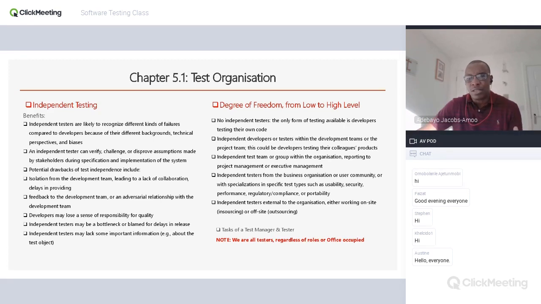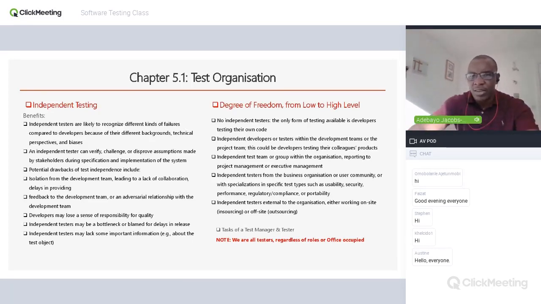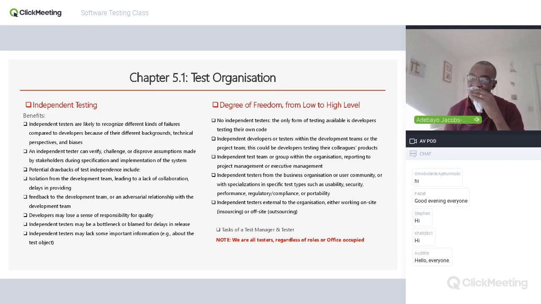All they have is developers who are doing coding, who are doing all sorts of development for them. But instead of engaging professional testers, they would ask the, sorry, the sun is going in my eyes. Right, they will ask the developers to actually do the testing.